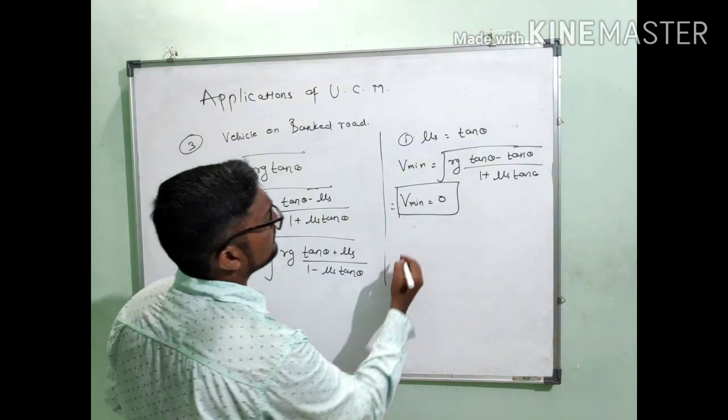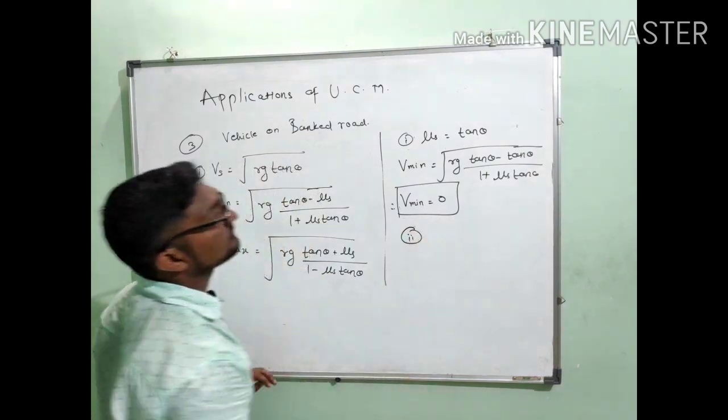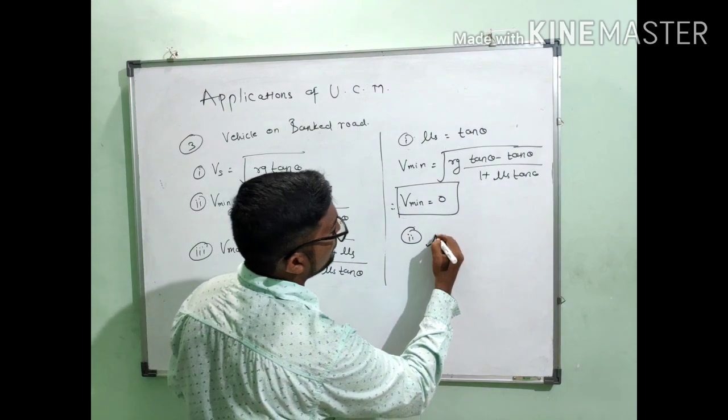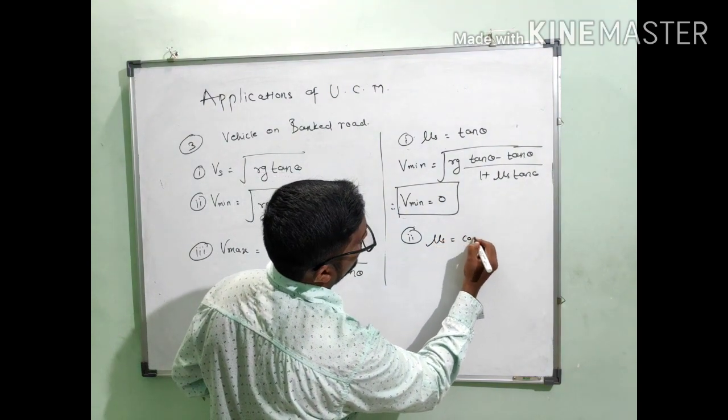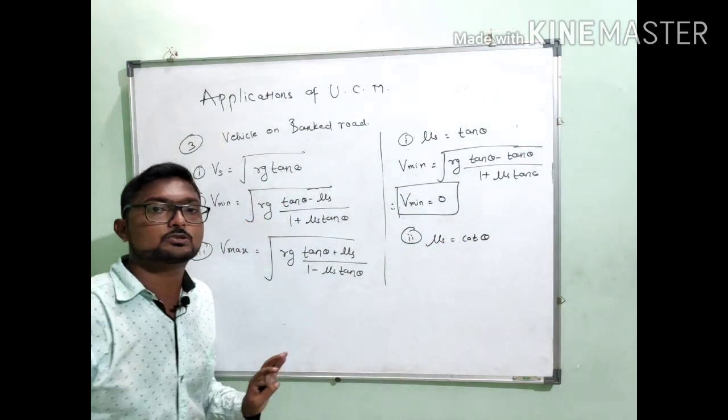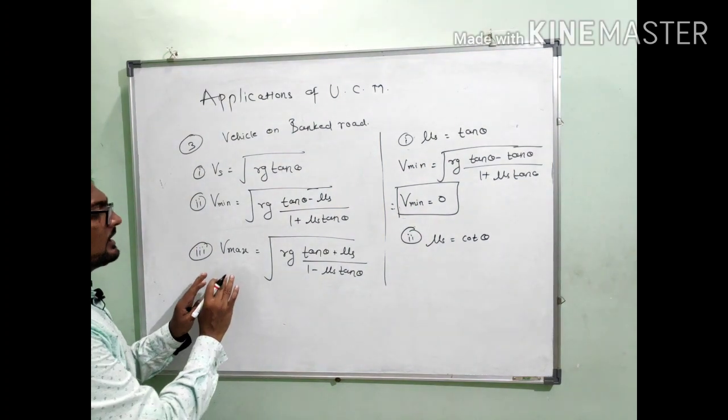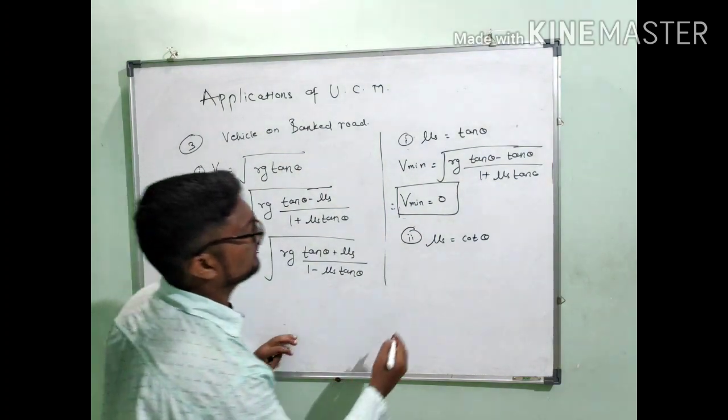Now the second case is mu s is equal to cot theta. In that case V max will be infinity.